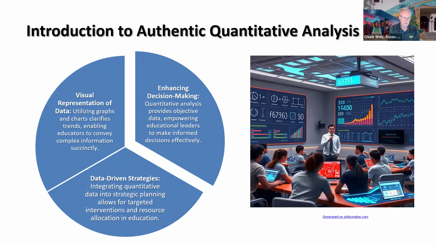And then data-driven strategies. Integrating quantitative data with strategic planning allows for targeted interventions and resource allocation in education. The bottom line is that Stan Pogrow believes that we need to have better use of quantitative data in making our decisions. He also will say a little later in this that qualitative data is essential to that as well.